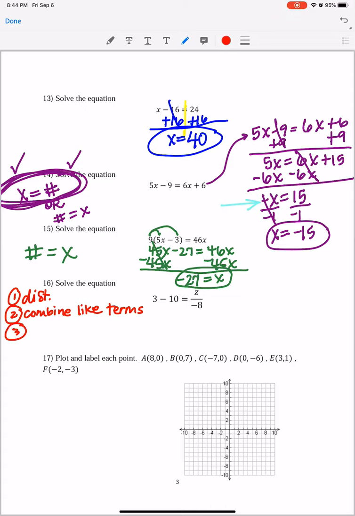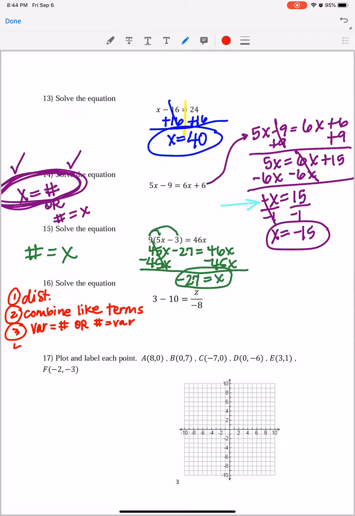Third thing to do is to get your variable on one side, your number on the other side. That might be a little confusing, so let's do variable equals a number, or a number equals a variable, like this or this.